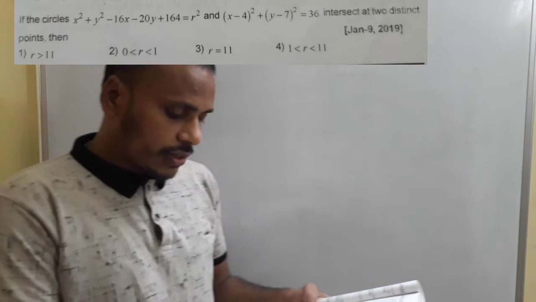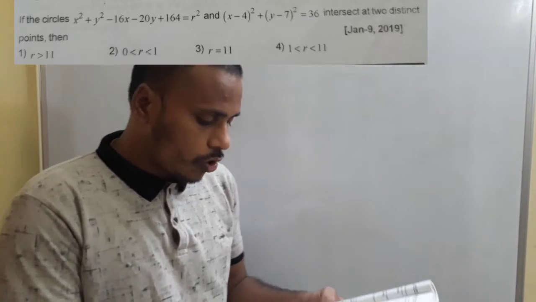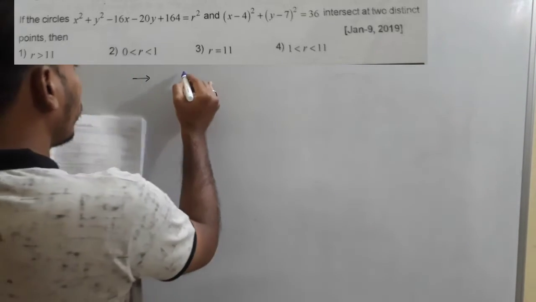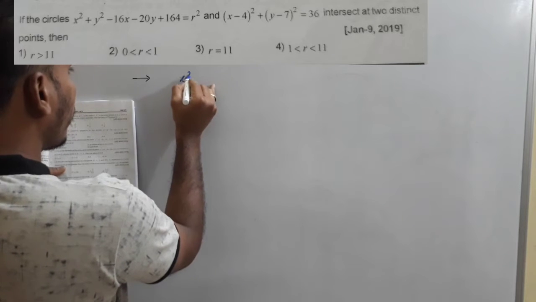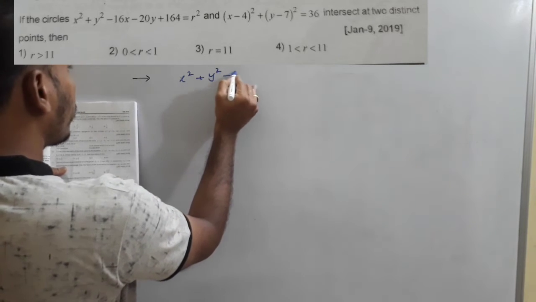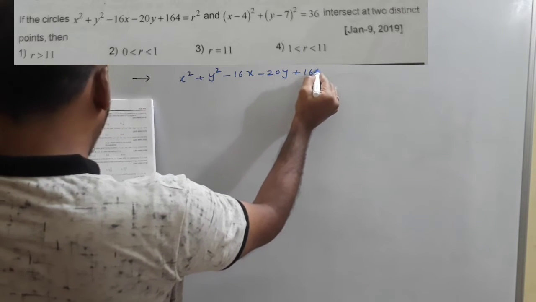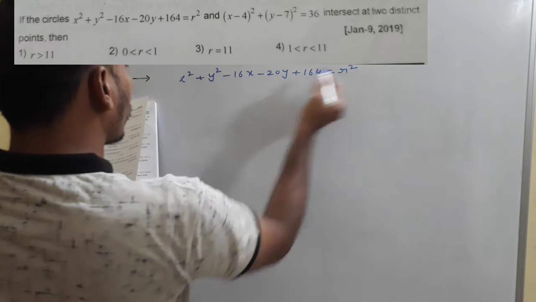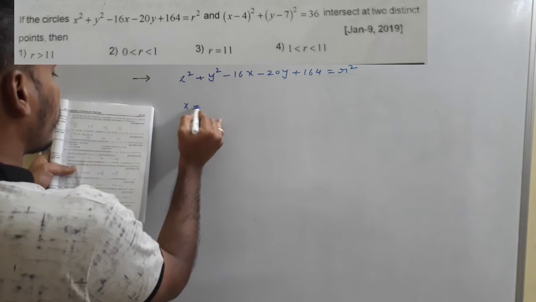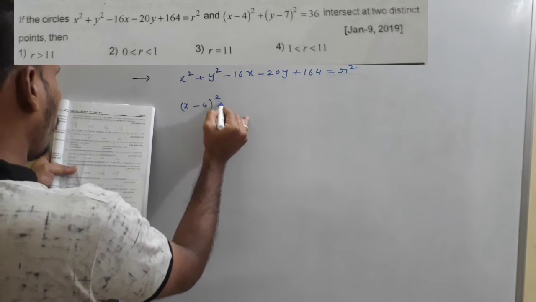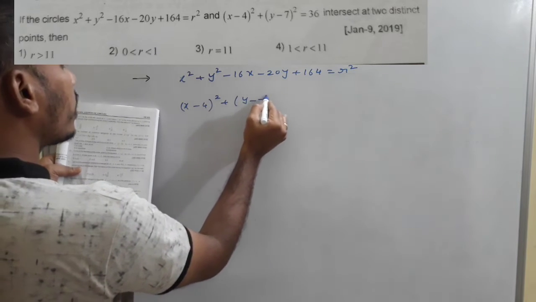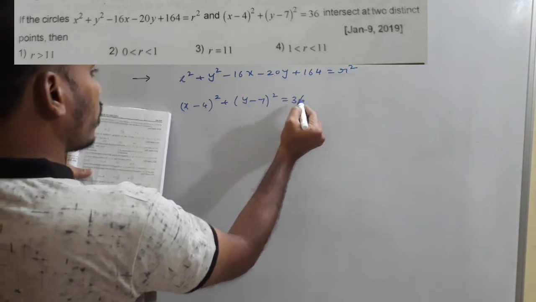If the circles intersect at two distinct points, two circles are given. The first circle is x square plus y square minus 16x minus 20y plus 164 is equal to r square. And the second circle equation is (x minus 4) whole square plus (y minus 7) whole square is equal to 36.